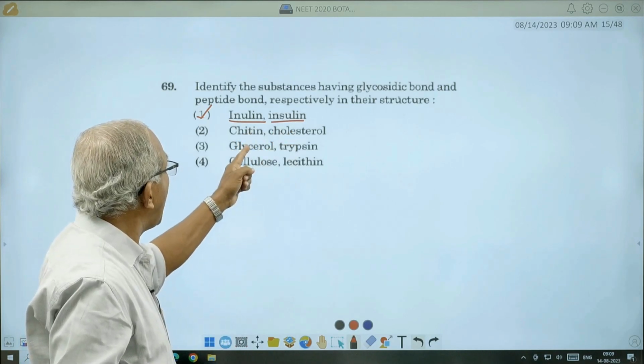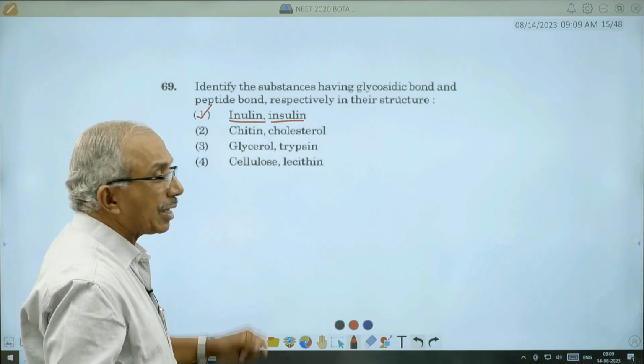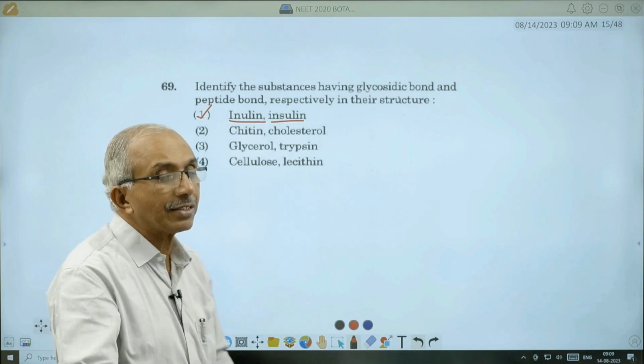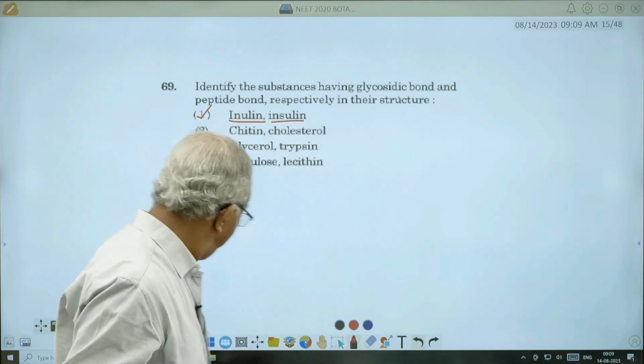Glycerol is not a polysaccharide, but trypsin is a protein. Cellulose is a polysaccharide, but lecithin is not a protein. Lecithin is a lipid. We want first one polysaccharide, second one protein. Only this one agrees.